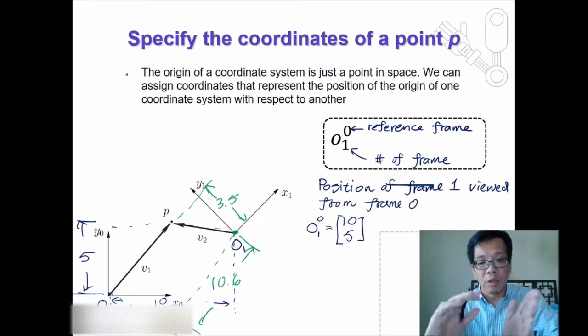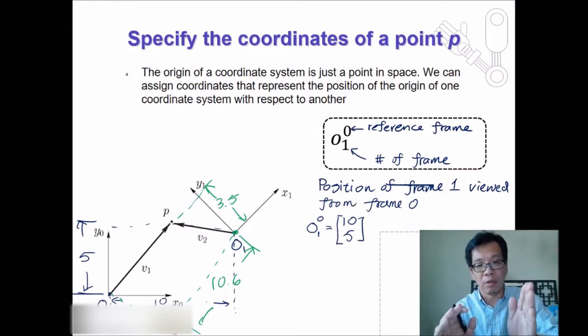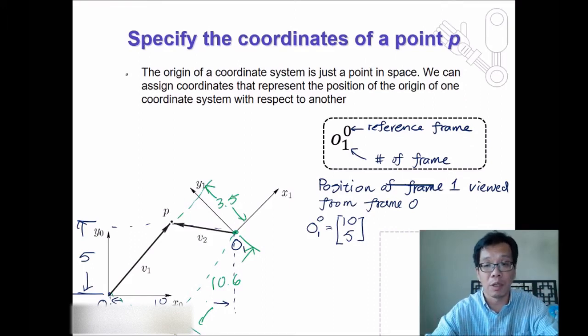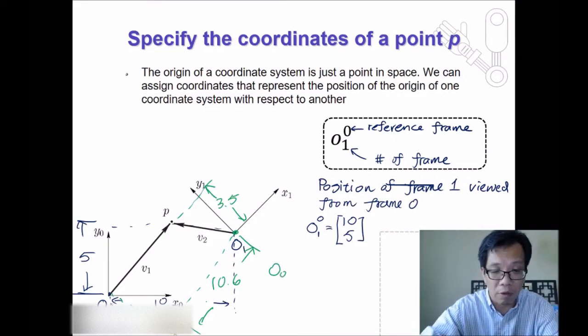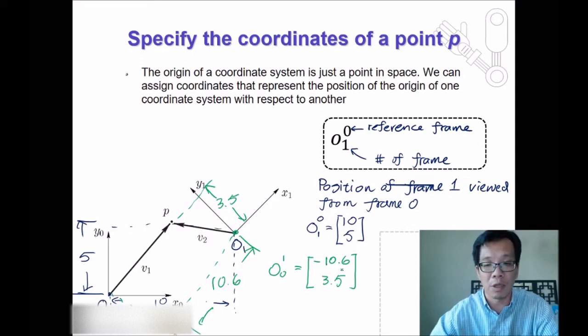So if we rotate this coordinate to the regular XY shape we used to have, and try to measure O0, the position of the origin over here, viewed from coordinate 1, then this time we are going to have negative 10.6, and the y coordinate is going to be 3.5. So this is how we describe the system.